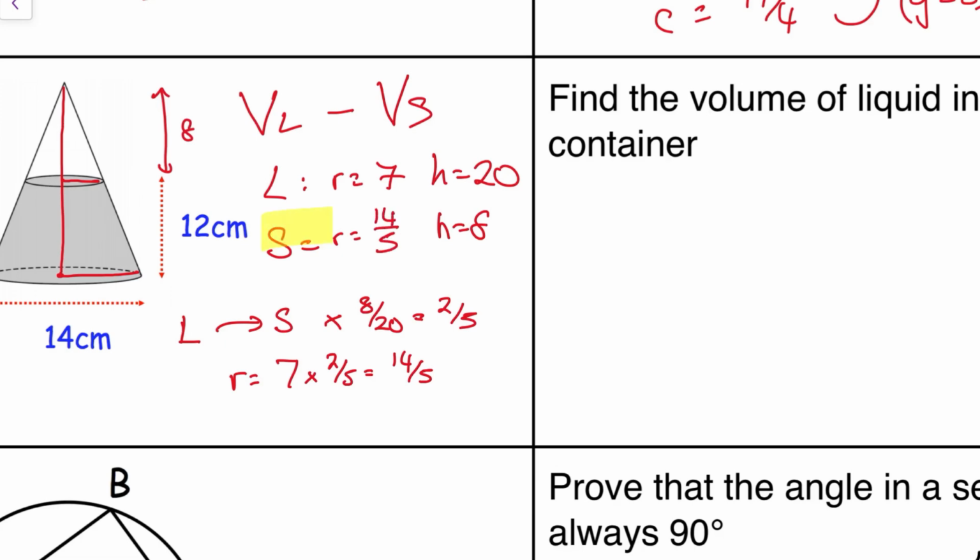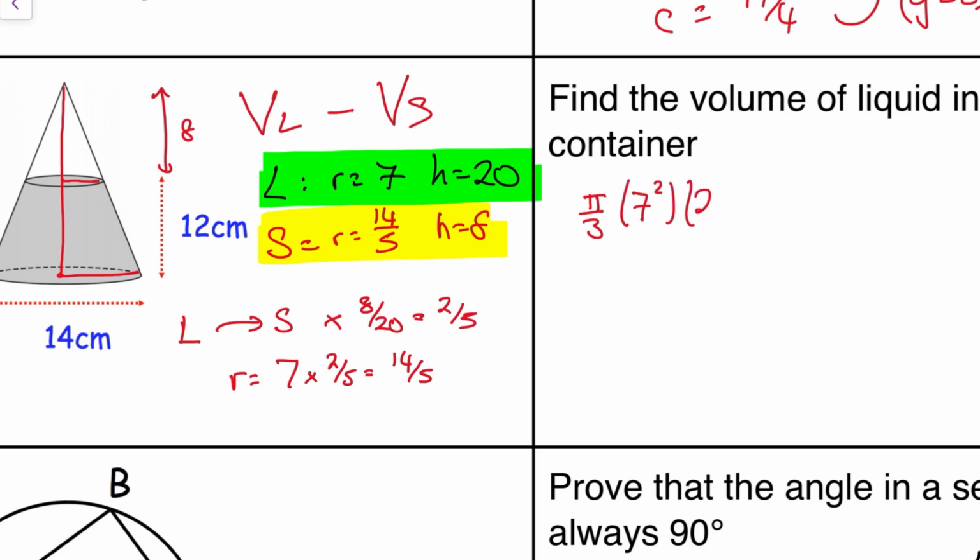I've got the radius and the height of the small cone at the top that's going away. I've got the radius and the height of the overall cone, which means in one equation, I can say the amount of water is the volume of the whole cone, so that's a third of pi times the radius squared times the height, and then I'm going to take away pi over 3 times 14 over 5 squared, so the radius squared, times the height, which is 8.